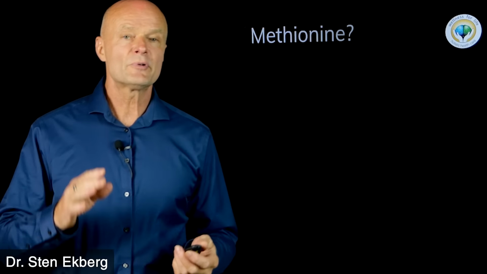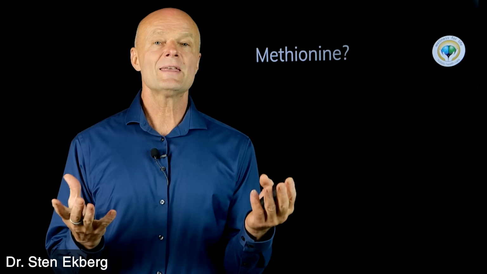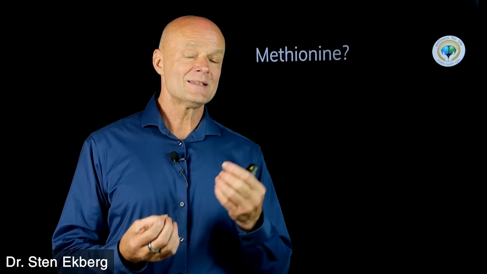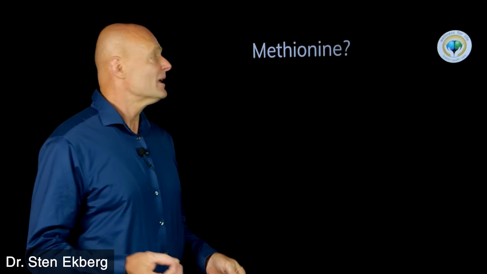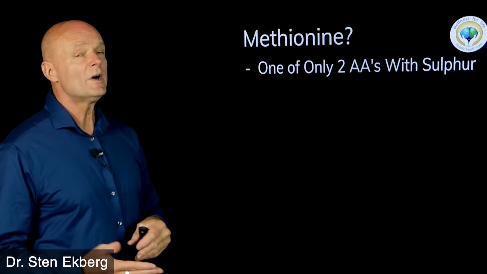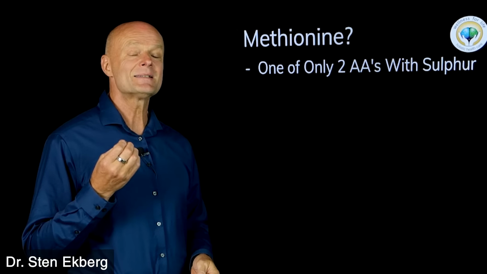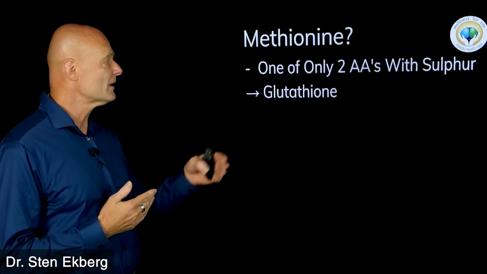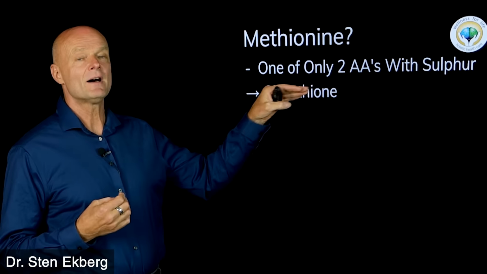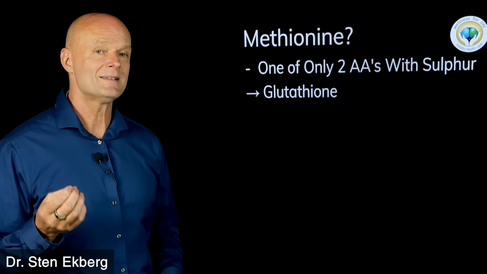But I want to talk about protein and methionine a little bit separately, because I don't want you to freak out and think that this very healthy amino acid is really bad. So methionine is one of only 2 amino acids that contain sulfur. And these sulfur amino acids are very important because they are the ones that become glutathione, the body's own antioxidant.